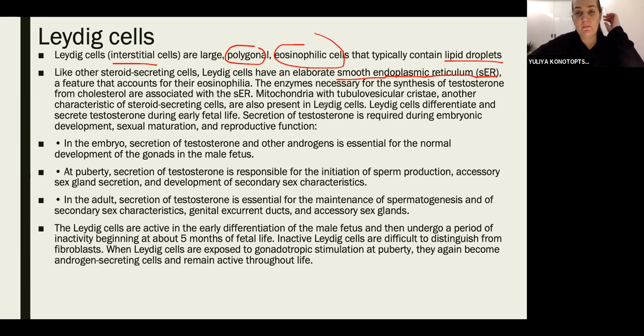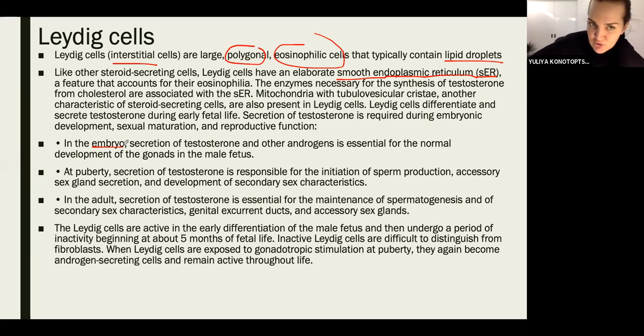Leydig cells, we have said, make testosterone, but it's very important to remember that this testosterone production does not begin at puberty. There are two times when Leydig cells make testosterone, and the first time is actually in the embryo. So approximately from the 3rd until the 5th month of fetal life, Leydig cells become super active and they make so much testosterone.